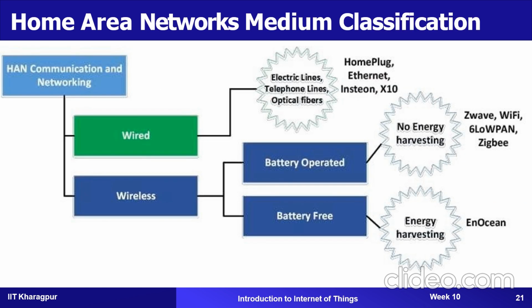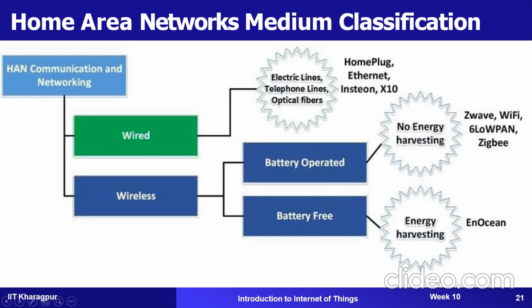Now it is showing the same thing, that your home area communication and networking can be of wired or wireless type. In case of your wired, electrical lines, telephone lines and optical fibers are used in order to make the communication possible between your different home appliances.